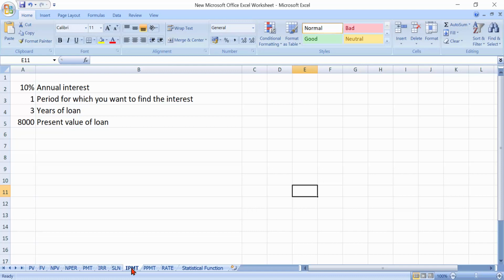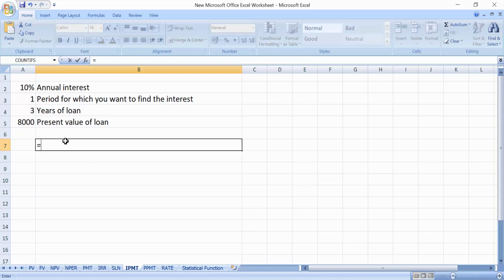So here IPMT ब्रैकेट में सेम सिंटेक्स है लाइक रेट, परसेंटेज एंड रेट, PER, period, that is period for which you want to find the interest, then NPER, that is the total number of payment periods in annuity, PV, present value, FV, future value and type, that is 0 and 1.